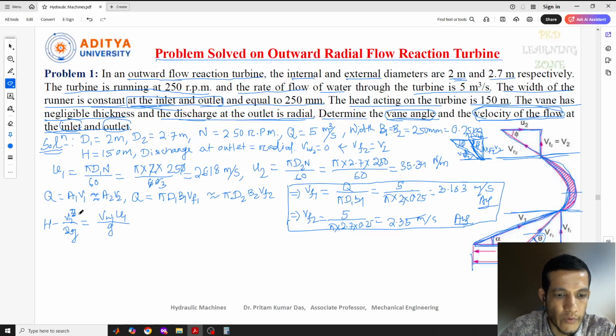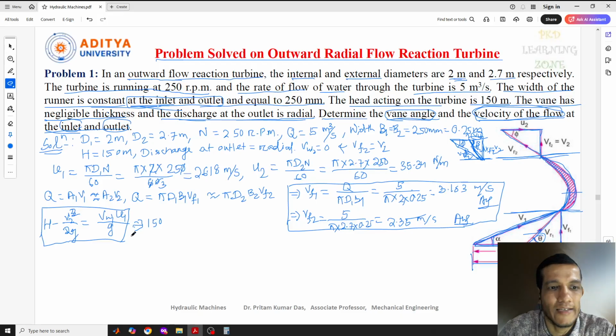Now this is square actually, so H, the value is given. Actually, this formula I told you in the last lecture when we discussed some important parameters required for the reaction turbine.